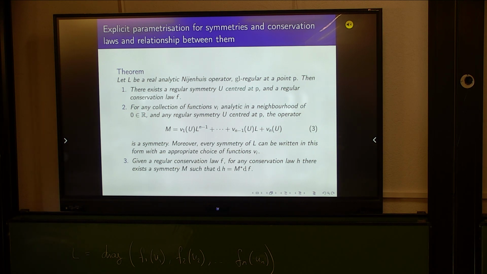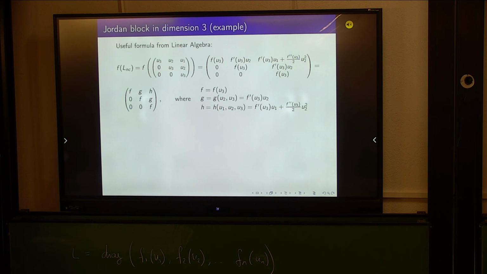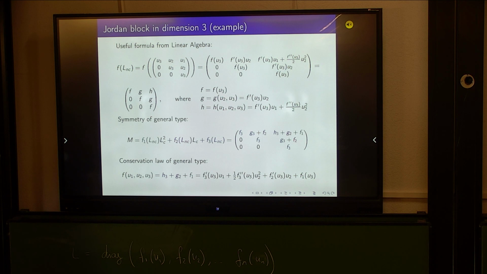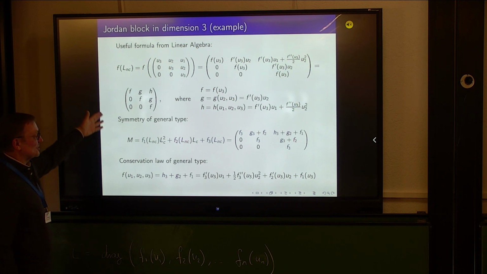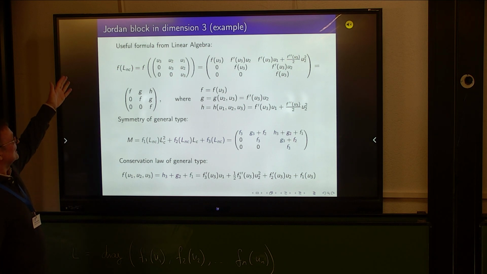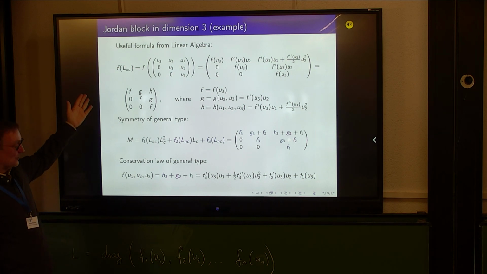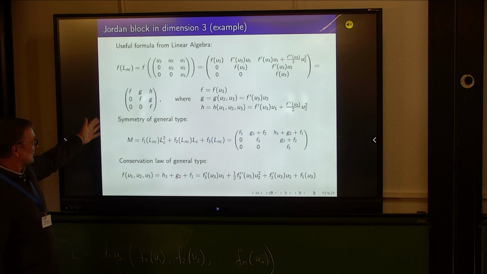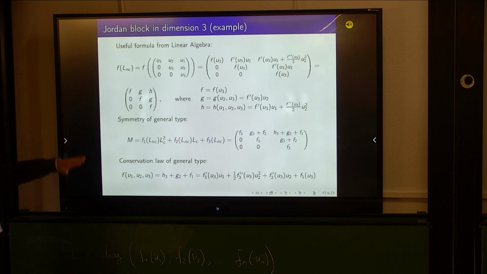I explained how to do it for diagonal operators. For the Jordan block, maybe I will very briefly say something. This slide is just to say that for the Nijenhuis Jordan block, the description of conservation laws and symmetries is absolutely explicit.